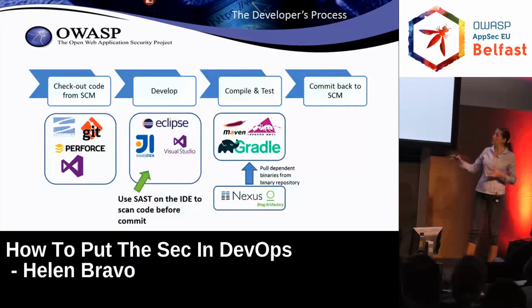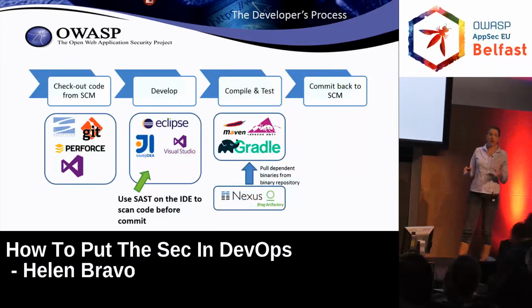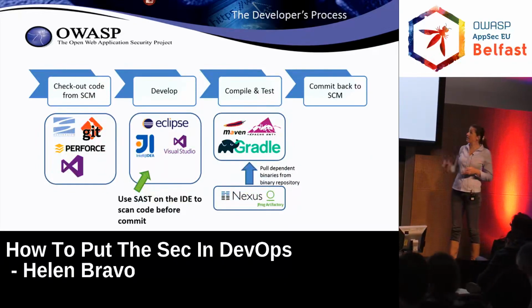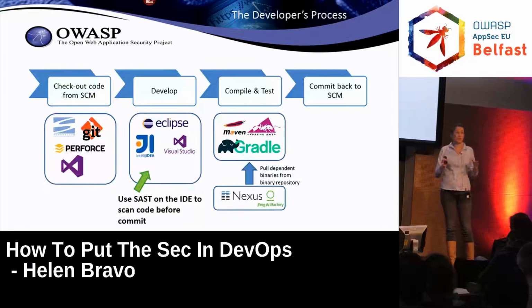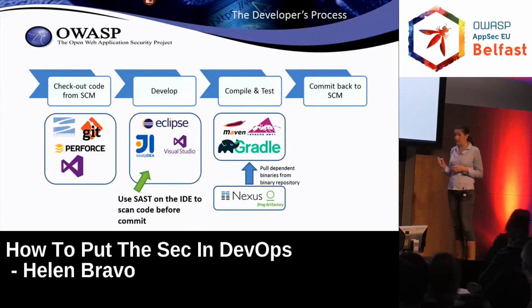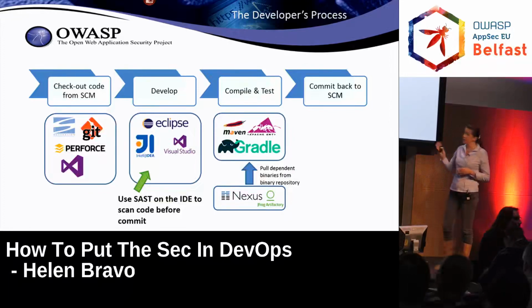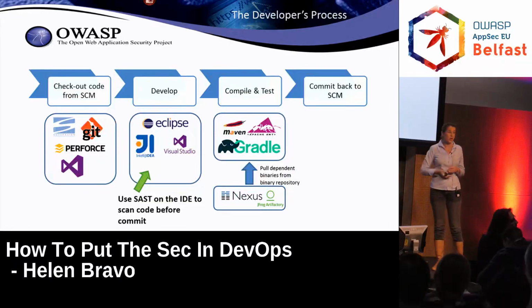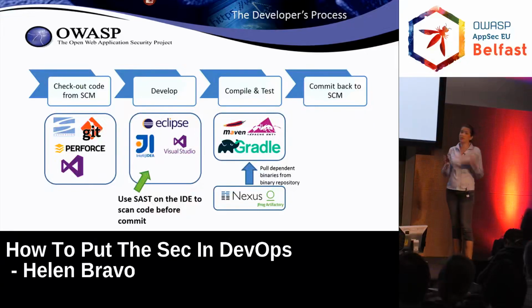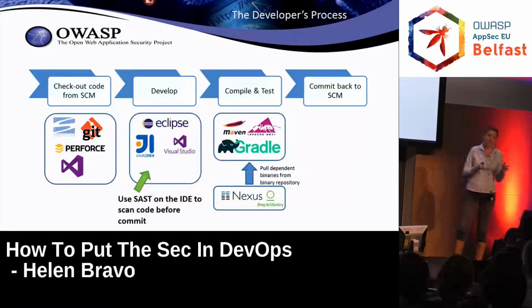When the developer is writing the code, there are tools which integrate with the IDE and allow doing the security scan from the IDE. Also, the open source analysis should be tested at this stage, because in most cases, the one that chooses to use a certain library or not to use it, first of all, is a developer.